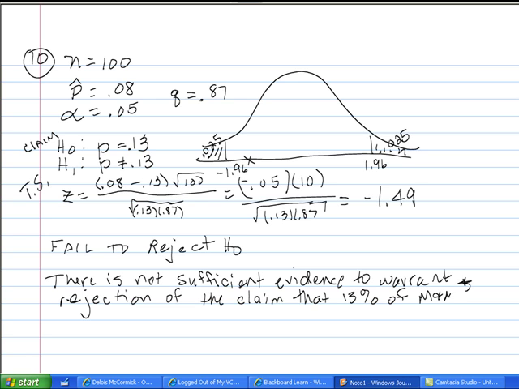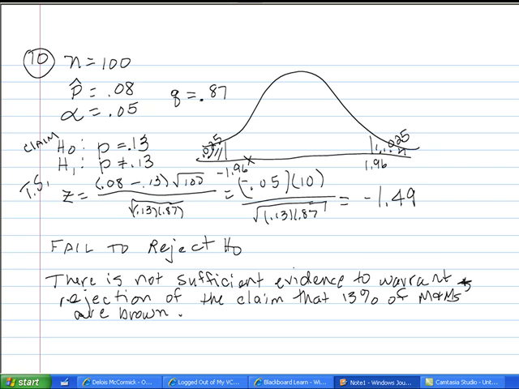Now if we did the p-value method, we could look up the p-value by looking up negative 1.96 on our table, and then doubling the area. Alright, negative 1.96 would be 0.0250. Let's see, not 1.96. We want negative 1.49.